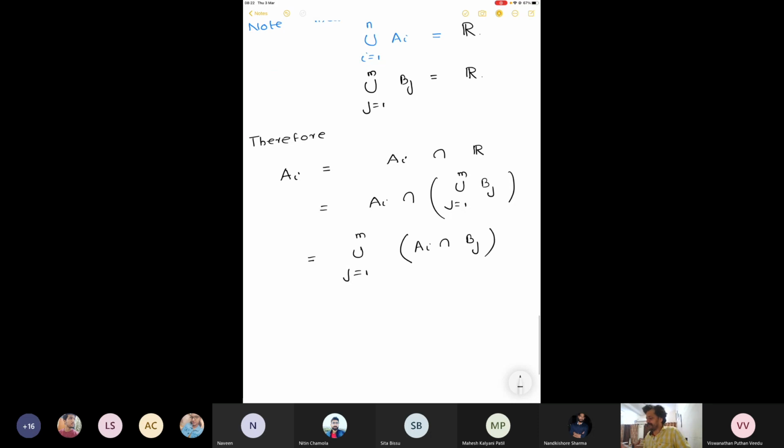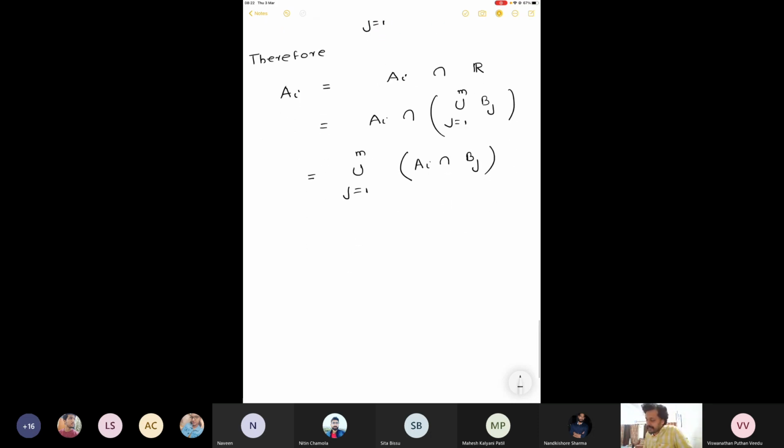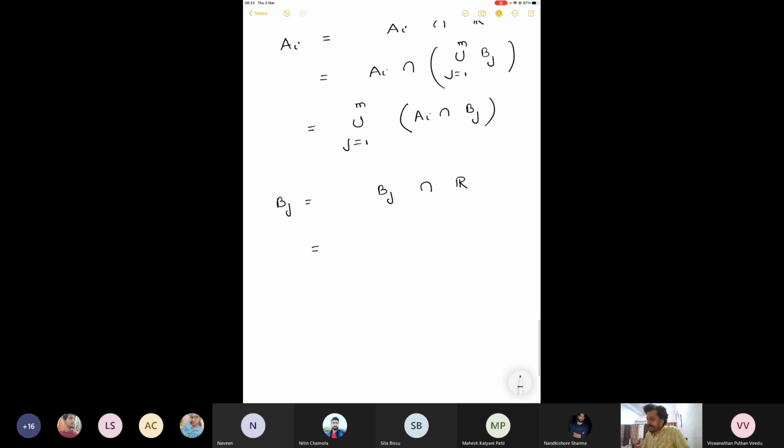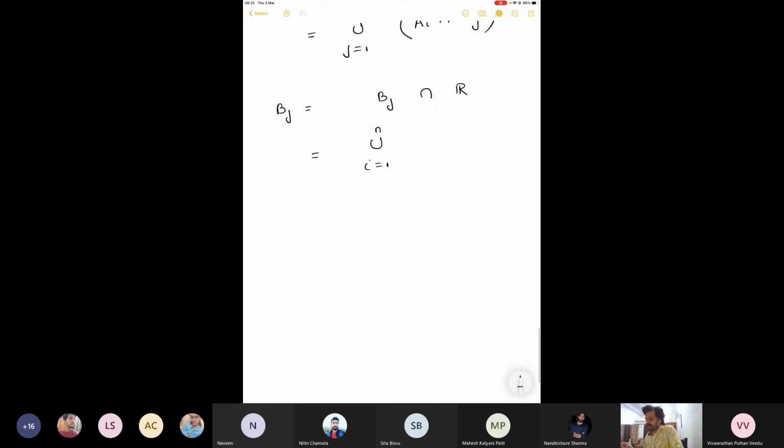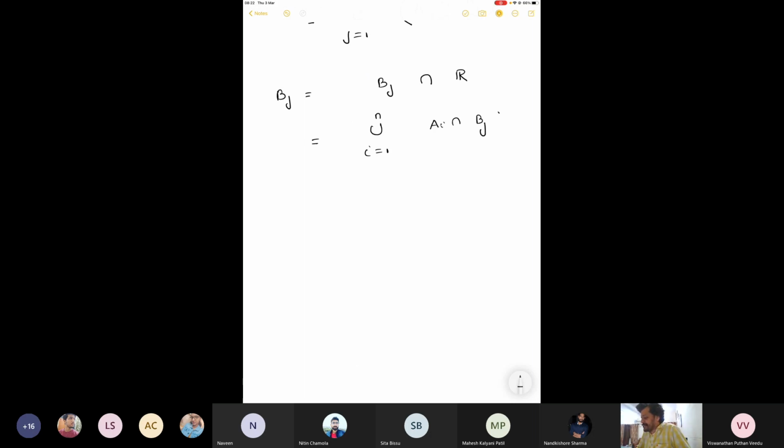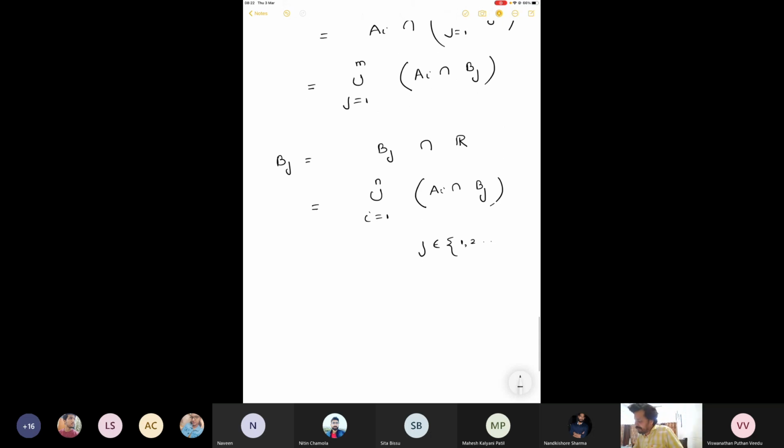This is true for each i. And similarly, B_j would be B_j intersection R, which you can write as union i equals 1 to n of A_i intersection B_j for each j. Okay. j in 1, 2, 3, etc. up to m, and the previous one for i in 1, 2, 3, etc. up to n.